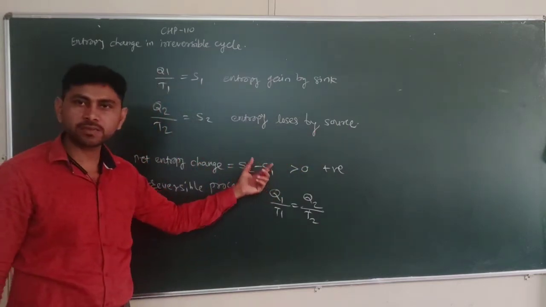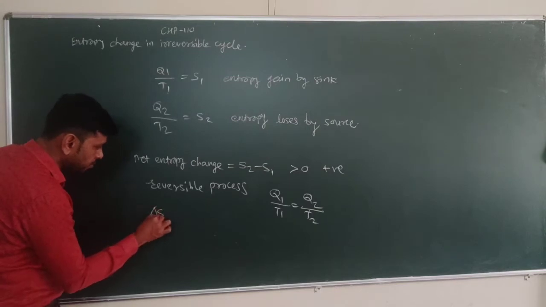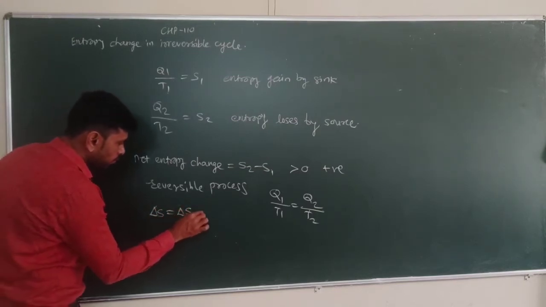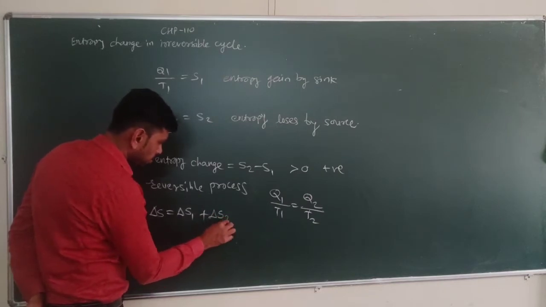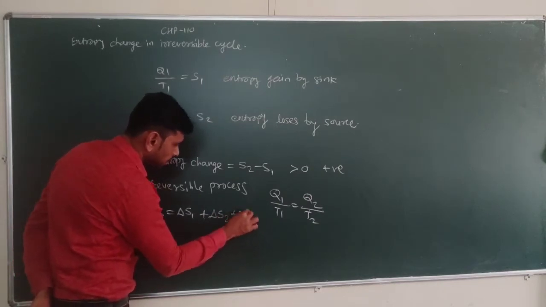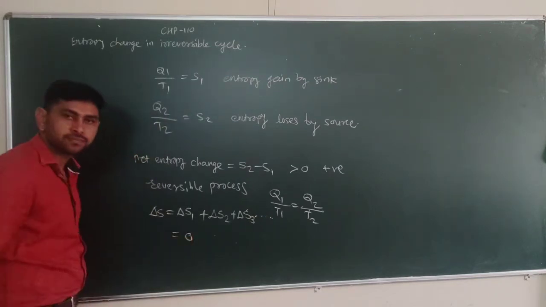So S2 minus S1 remains the same. So for a reversible process, delta S is the summation of the entropy changes in the different processes, so that becomes equal to 0.